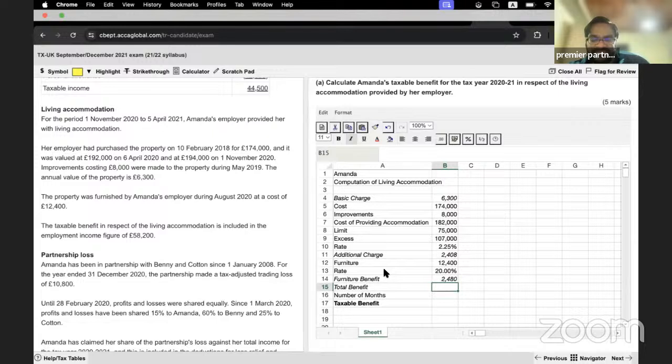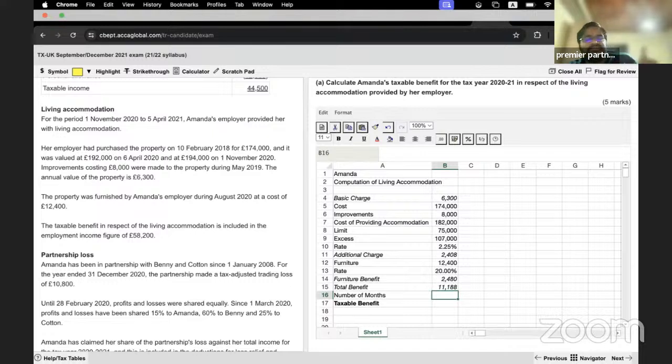Great. Total benefit, I'm just going to take the total: basic charge plus additional charge plus the furniture benefit. Overall benefit is 11,188. But like Ifa's earlier question, we need to time apportion this because the benefit is only given from November onwards.